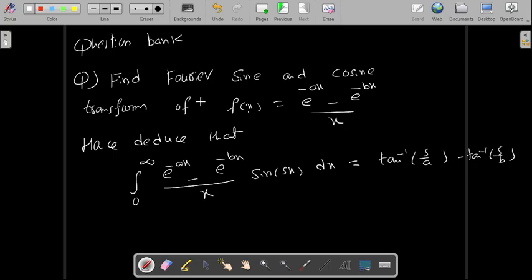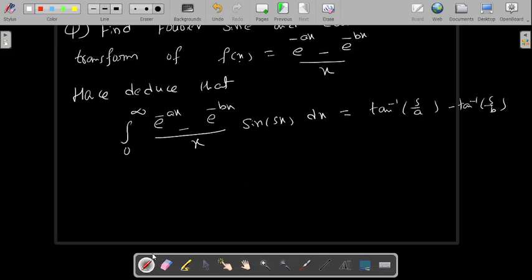Okay, so first we have to find the sine and cosine transform. After that, finally we will see this result. So don't worry, we just apply the formula and we'll try to do it.